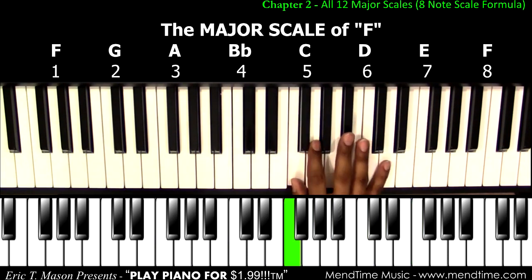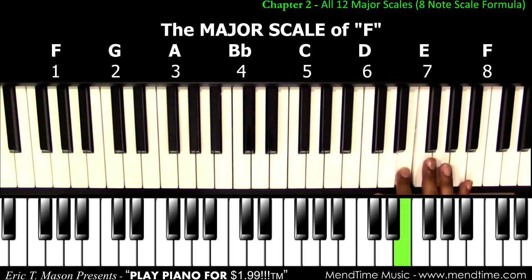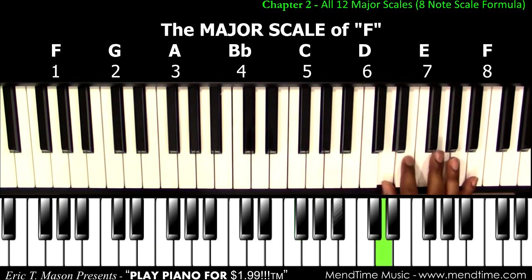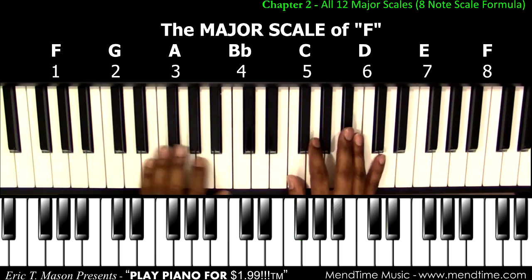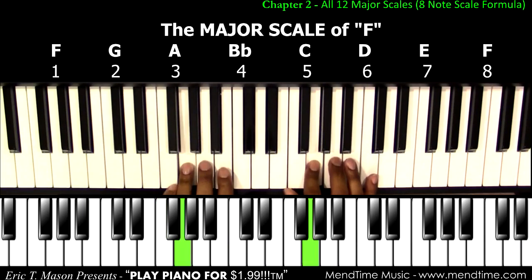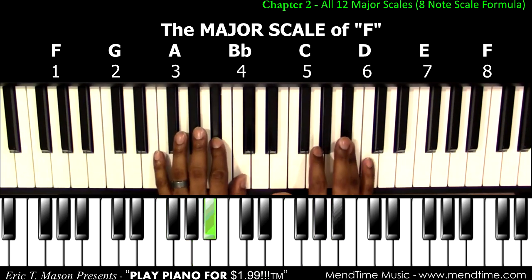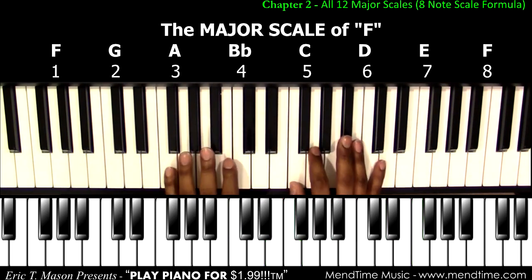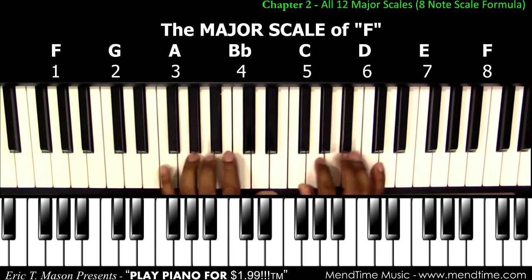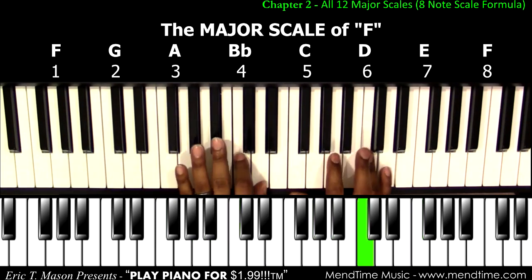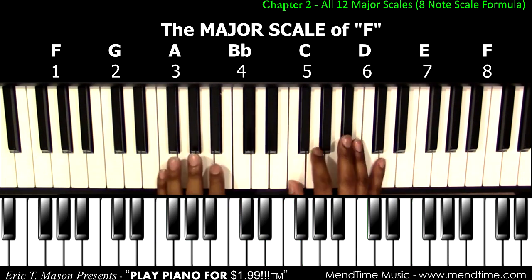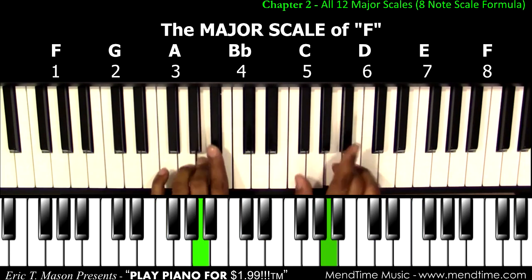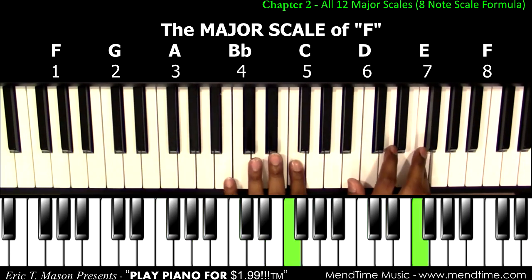And again, the muscle memory is different. Slowing down a little bit. Call it out one more time, both hands. F, G, A sharp, B flat, C, D, E, F. Again, F, G, A sharp, B flat, C, D, E. Foot pedal.